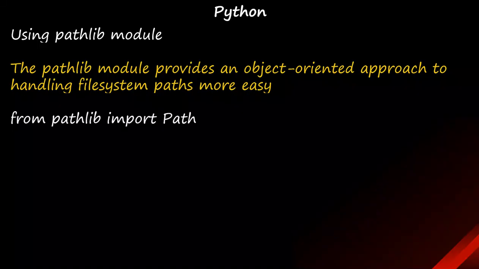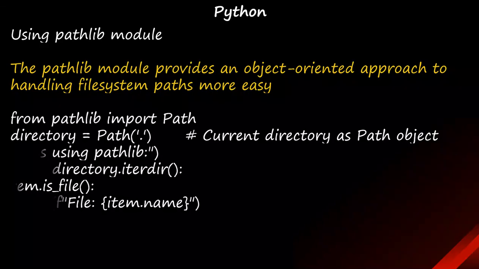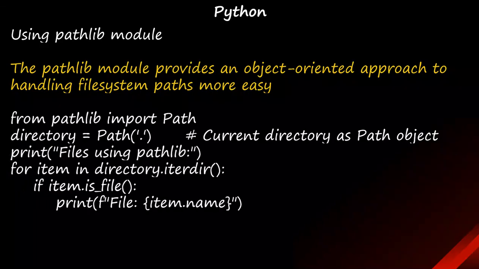You need to import the Path module first, from pathlib import Path, a module of Python. Then start from the root directory with Path dot. Then print all the information from the root directory, which can be an item that is a file or a directory.